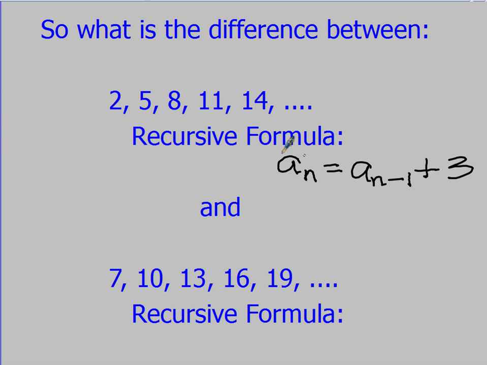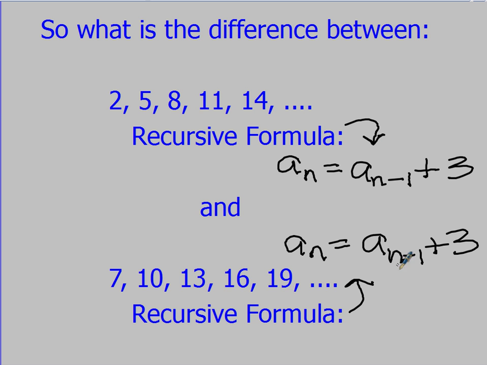We're adding 3 to each term to get to the next. Well, in my second sequence, I have a sub n. To get any term in this sequence, I take the term before, and don't I add 3 here as well? Of course, right? But both recursive formulas look the same.